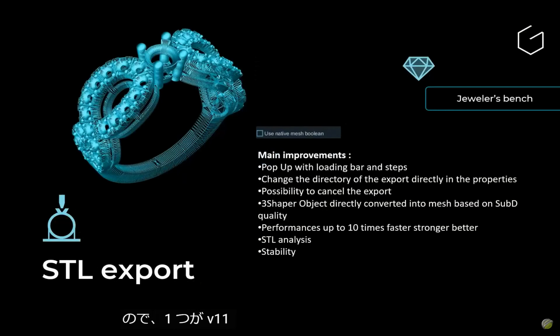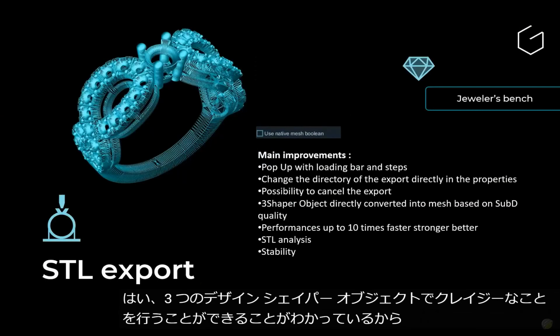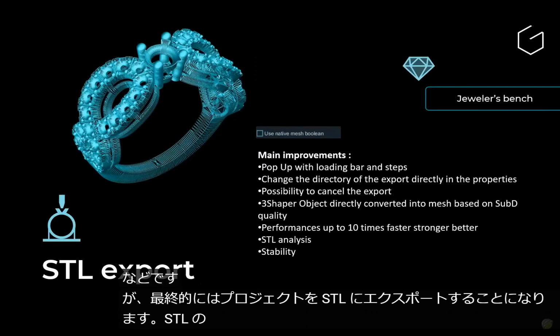Okay, so that one is one of the best improvements we have in V11, because we know that yes, you can do crazy things in 3Design, shaper objects, high jewelry creations, etc. But the finality will be to export your project into STL.